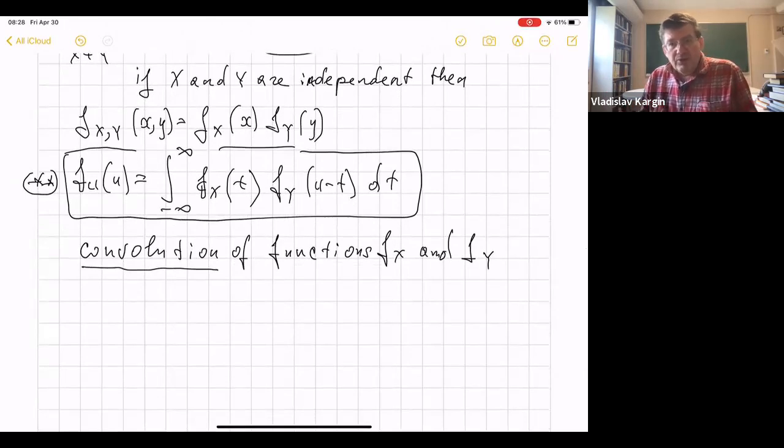If you want to calculate this formula analytically, then you'll need to take care about the ranges, because this f of x of t is somewhere equal to 0, in other places equal to some analytical formula, maybe in other places some other analytical formula. So it becomes cumbersome if you do it analytically, just figuring out the formulas. But theoretically, it's a very easy formula.